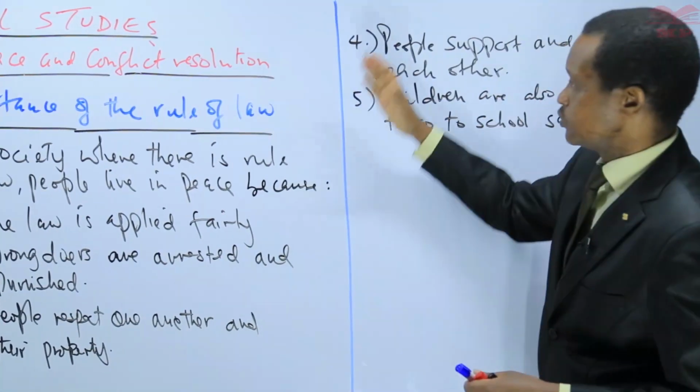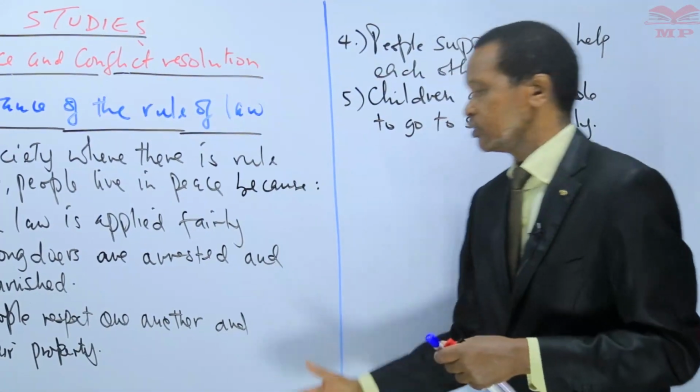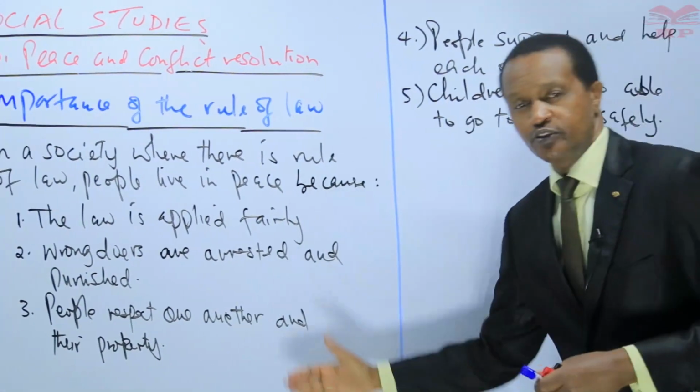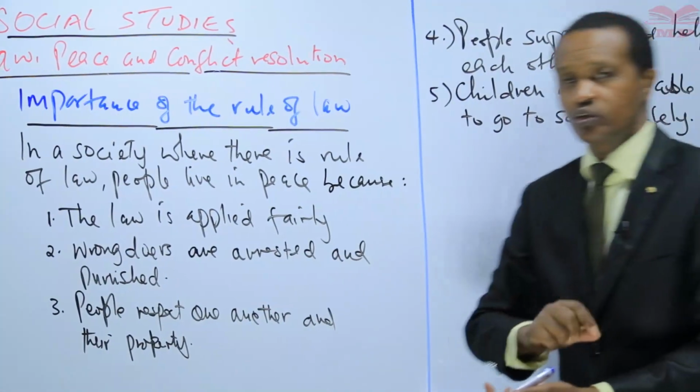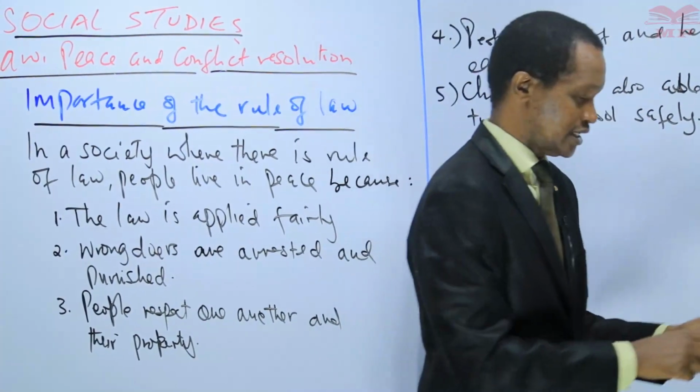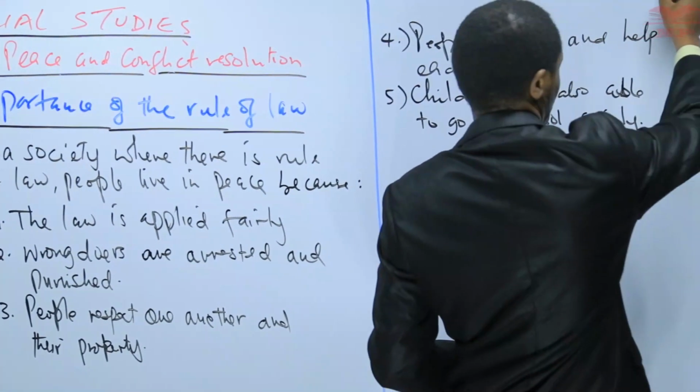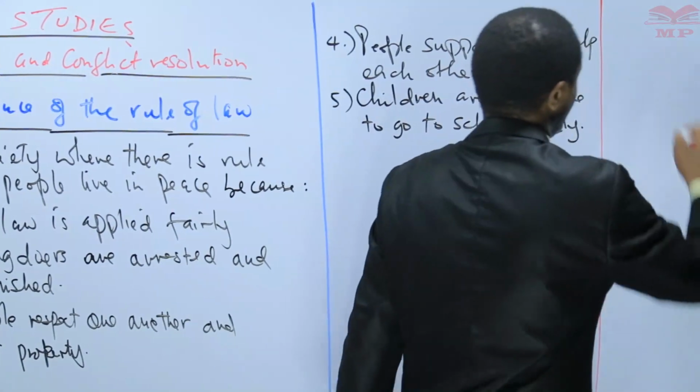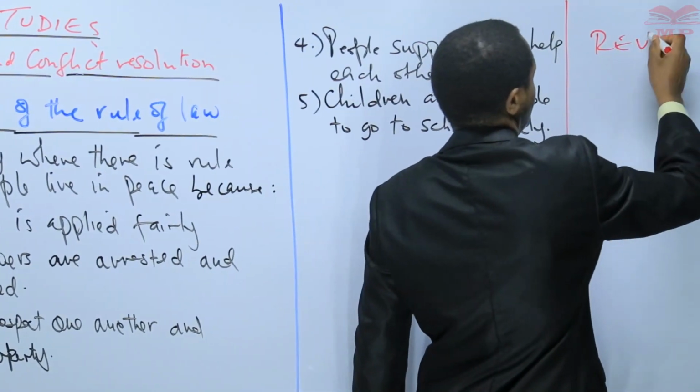So I want you to go through the lesson once more. Go through the lesson twice if you have time. Write down notes. Then after you have done that, you will answer one question. I'm going to give you one question which I'm calling revision.